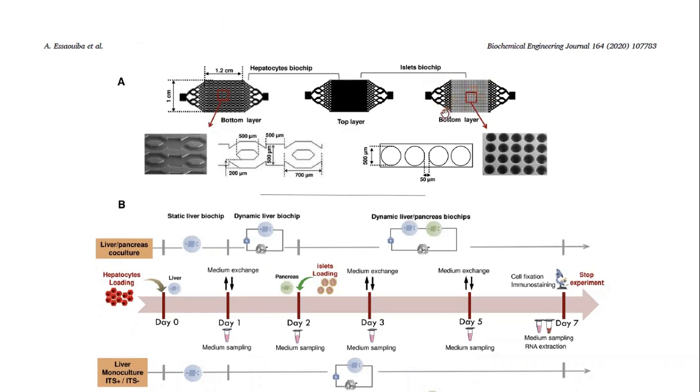It consists of a microstructured bottom layer used to trap islets of Langerhans, and it was composed of 600 microwells. It is located here, and we can see this from the inside of the chip. 600 microwells measuring 400 micrometers in diameter with a depth of 300 micrometers and spaced by 50 micrometers.